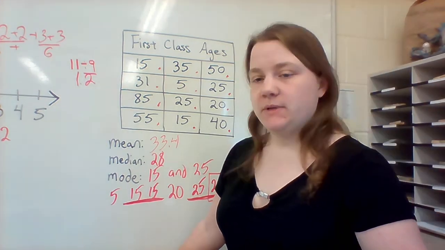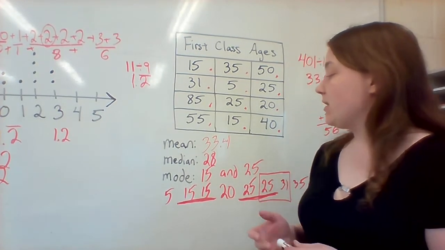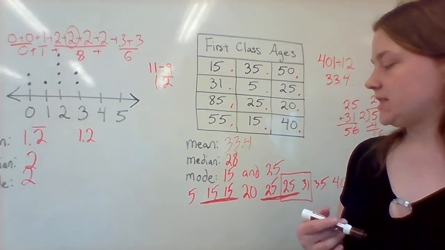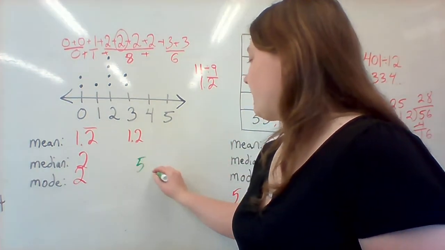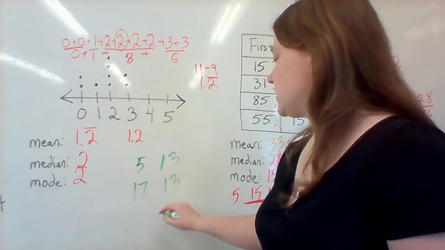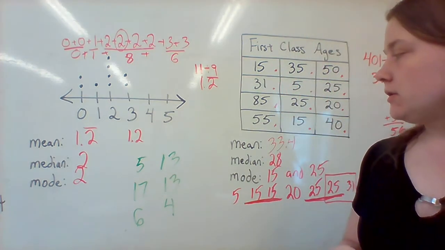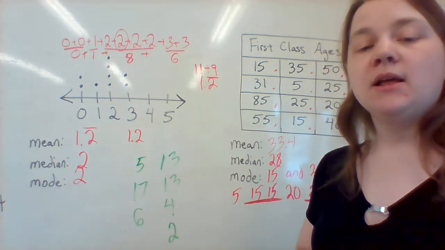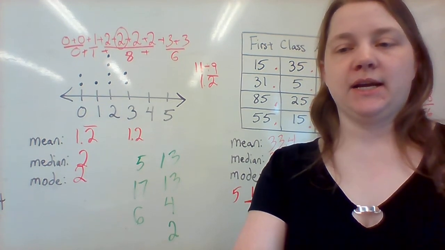You are also going to be asked to find the median and the mode of a set of numbers, and that set of numbers is going to be 5, 13, 17, 13, 6, 4, and 2. Your job is going to be to find the median and the mode, and we're going to talk about the mean in class tomorrow.